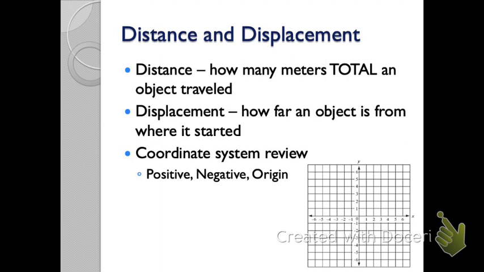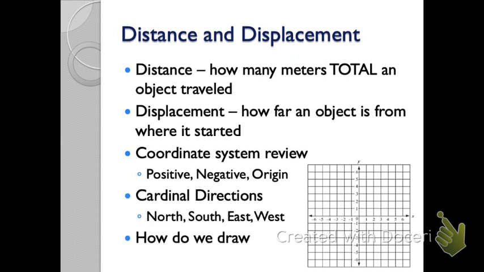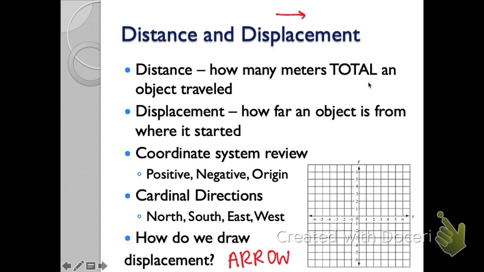All right. So let's see. How do we draw displacement? We draw displacement with an arrow, just like I was doing on that last slide. And we try to draw them in a proportional scale. That means if I had a displacement that was 2 meters and a displacement that was 10 meters, do you think those look like they're drawn to scale?